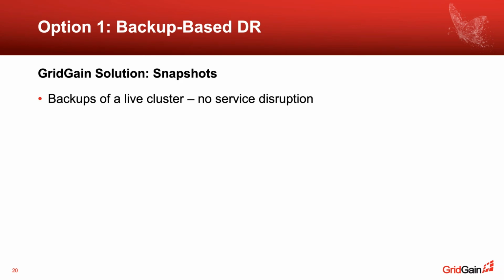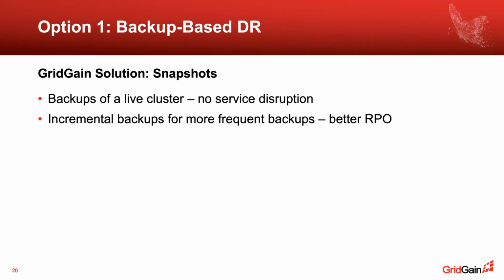You don't need to stop it or stop updates on it. Everything happens concurrently with your application load, so no service disruption. There are full snapshots, which take all of your data, dump it on disk, and incremental snapshots, which only take the difference between your last snapshot and the current state.